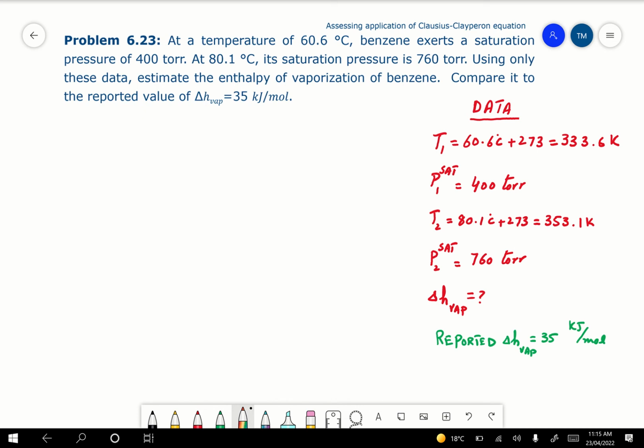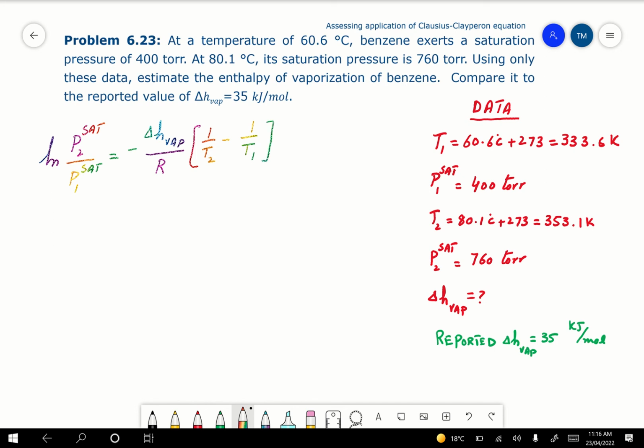Now we have these two pressures and two temperatures, and for this situation we have the Clausius-Clapeyron equation like this: ln of P2 sat over P1 sat is equal to minus delta H of vaporization over R, times 1 over T2 minus 1 over T1.